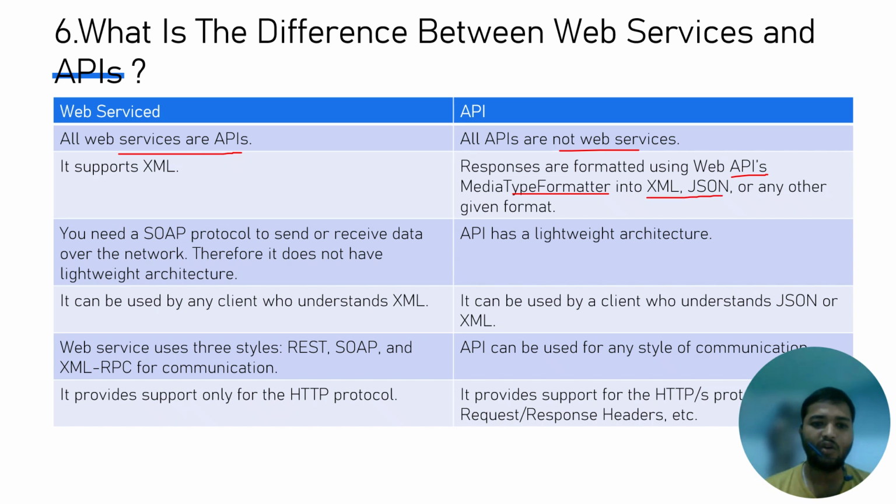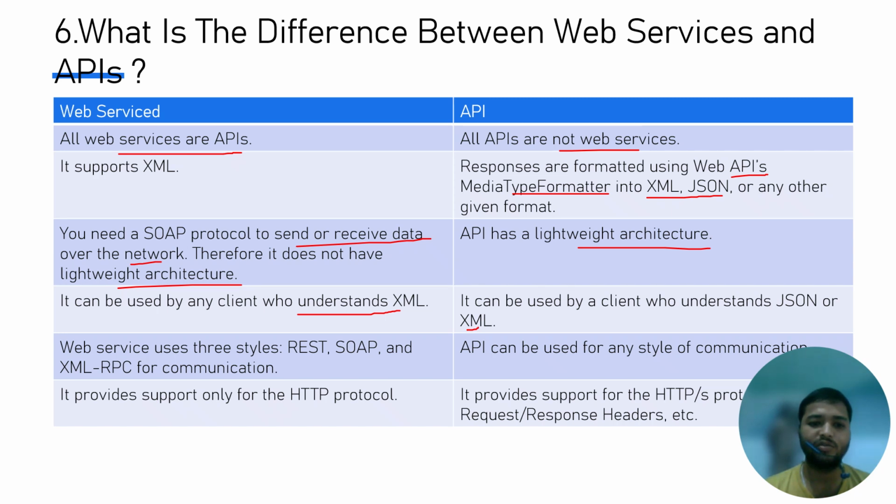Web services need a SOAP protocol to send or receive data over the network. Web services do not have a lightweight architecture, but an API has a lightweight architecture. Web services can be used by any client who understands XML, while an API can be used by a client who understands JSON or XML.